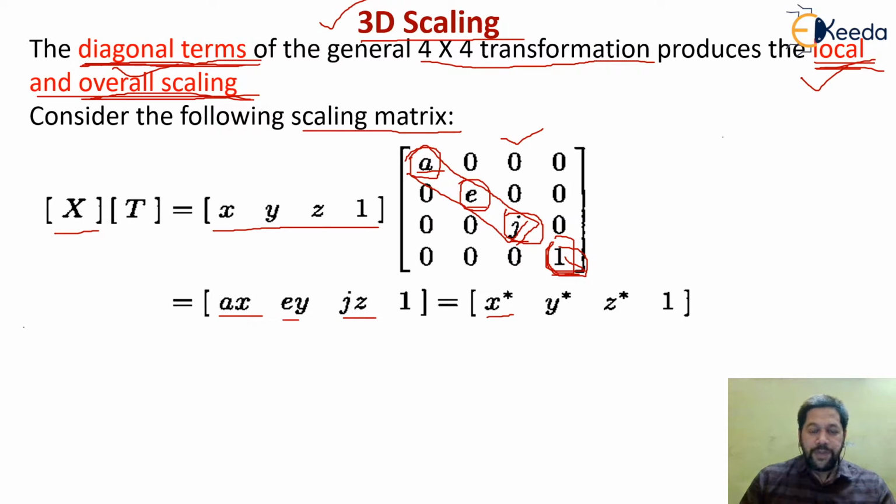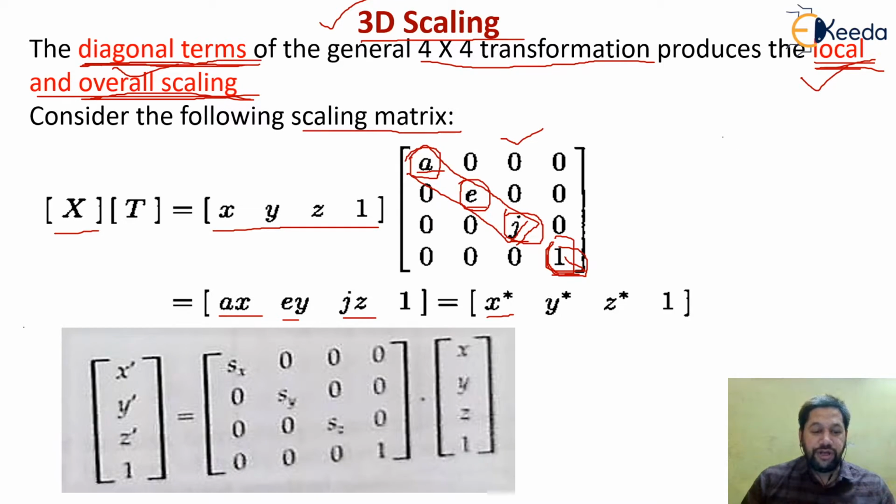As we have already seen, for the translation matrix we consider the translation factors tx, ty, and tz. Similarly, for three-dimensional scaling, instead of a, e, j, I may consider these terms as sx, sy, and sz. This is another representation, and this transformation matrix is the same, only for our understanding.